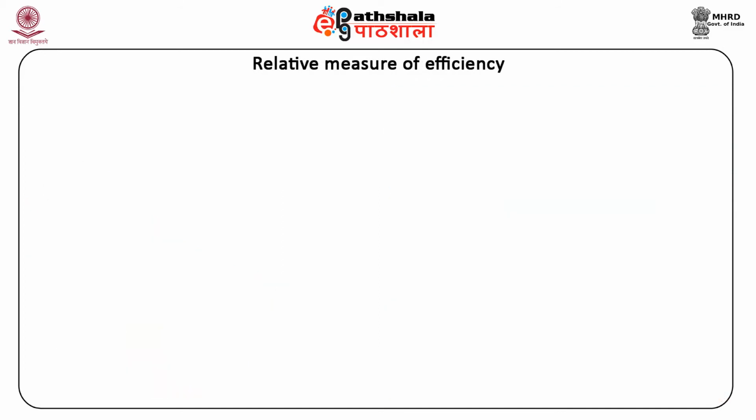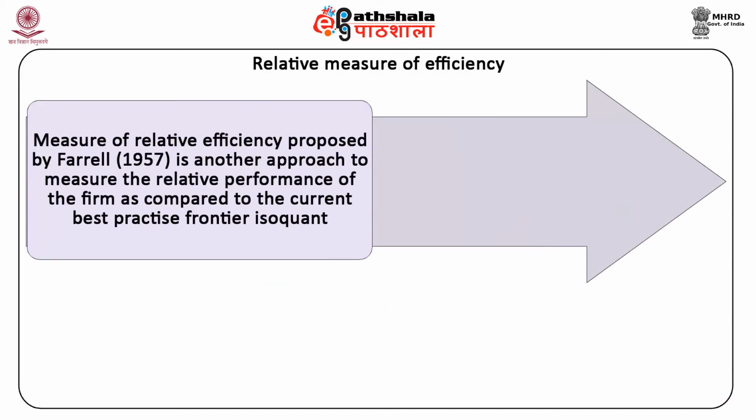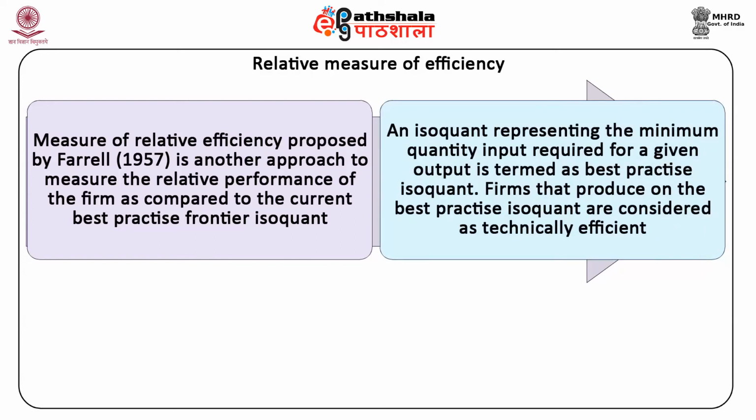Relative measure of efficiency. The measure of relative efficiency proposed by Farrell in 1957 is another approach to measure the relative performance of the firm as compared to the current best practice frontier isoquant. An isoquant representing the minimum quantity of input required for a given output is termed the best practice isoquant.